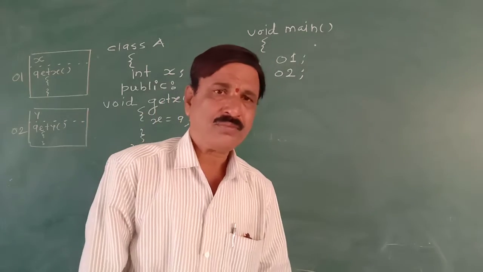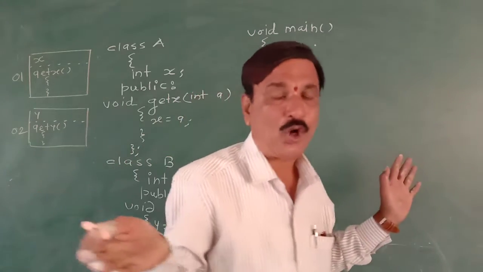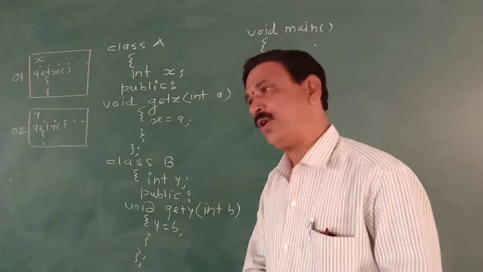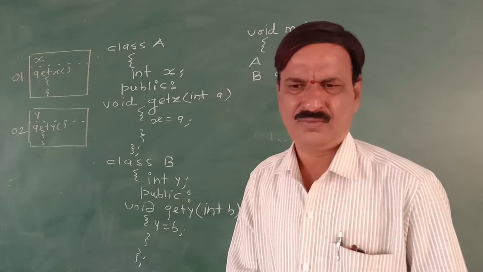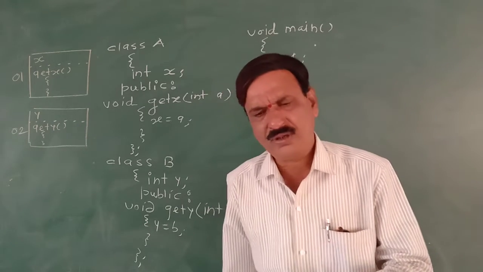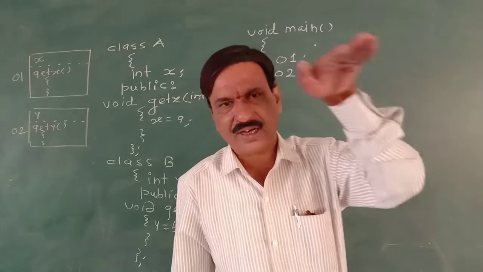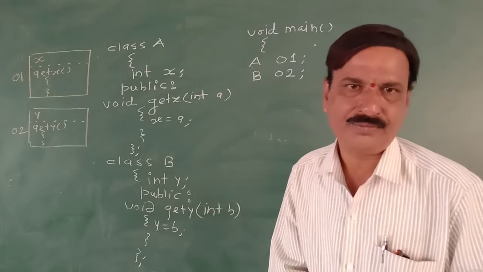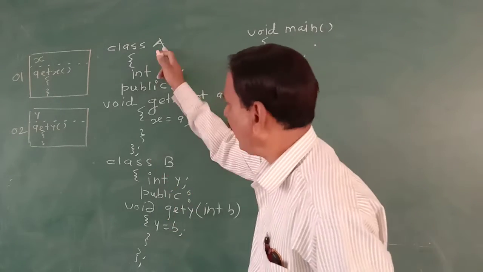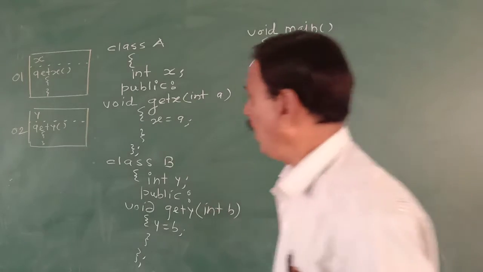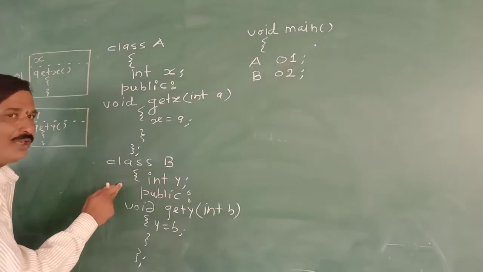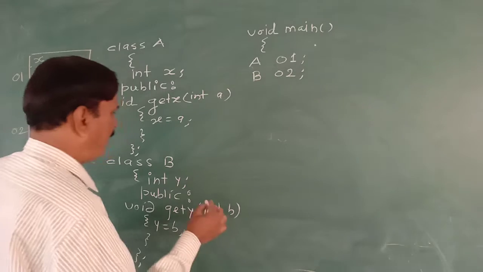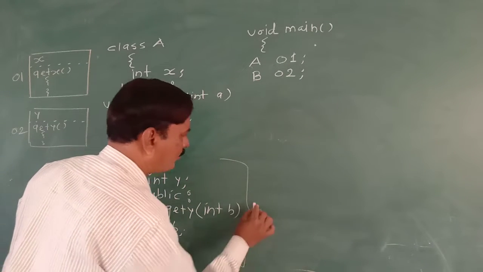Now these two classes are different, and according to our definition of inheritance, an object of one class acquires the properties of an object of another class. So obviously, first a class must acquire the properties of another class, and then obviously their objects will acquire the properties. Here, class A and class B. Suppose class B is declared as a child class.